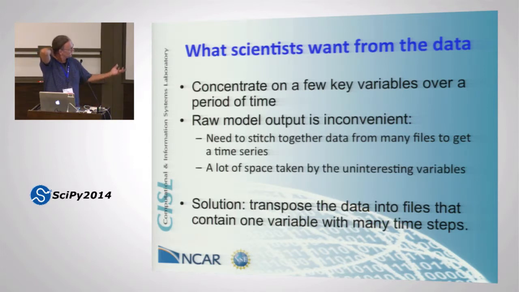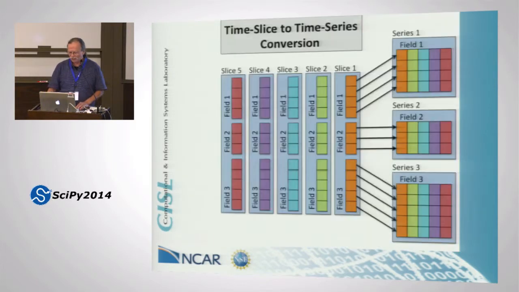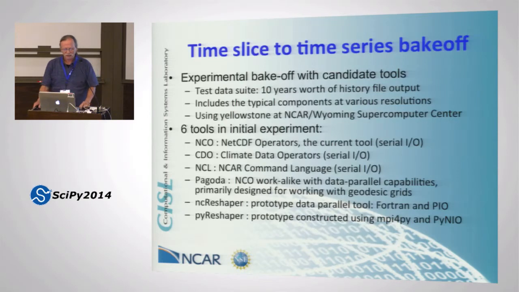So really what you want to do is transpose the data into files that contain one variable with a lot of time steps, say 10 years or some convenient quantity. Here's a diagram that illustrates what needs to happen. You've got these files with many variables, and you want to convert them into files with one variable. So pretty straightforward, really.